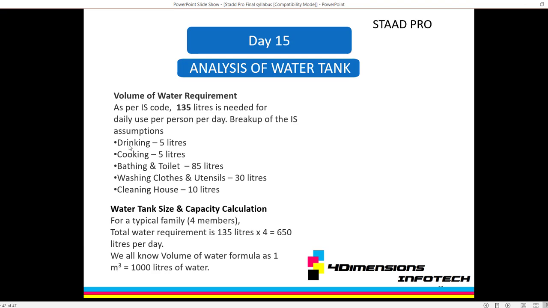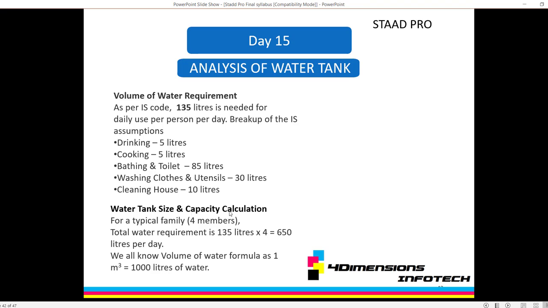We divide it into drinking 5 liter, cooking 5 liter, bathing and toilet 85 liter, washing clothes and utensils 30 liter, cleaning house 10 liter. Roughly it will vary about 135 to 145 liters.